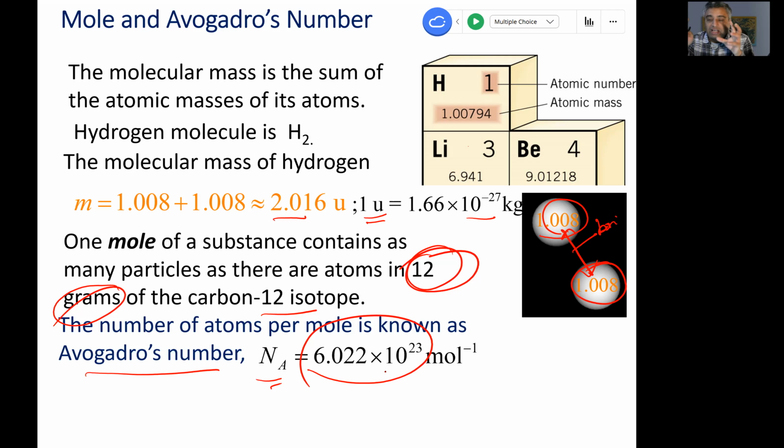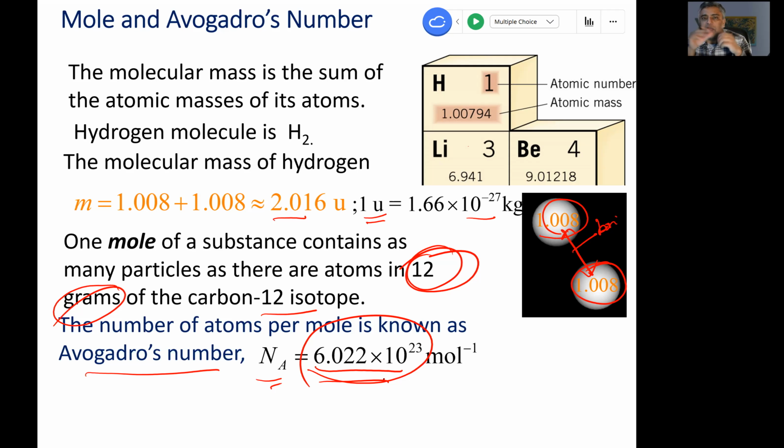If you want to find a mole of anything, you first need to look at whether that thing is just made up of atoms or exists in molecular form. For example, hydrogen gas exists in molecular form. So to find 1 mole of hydrogen gas, you need to count that many molecules of hydrogen, and that's going to be 1 mole of hydrogen.